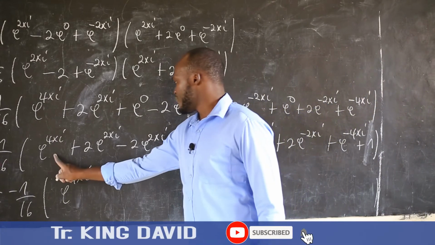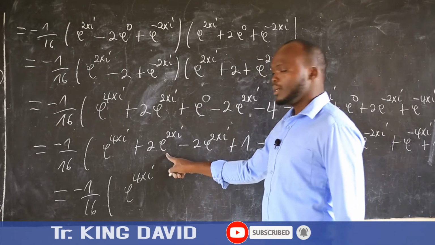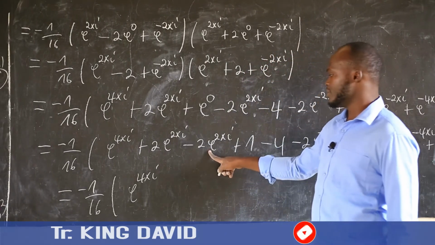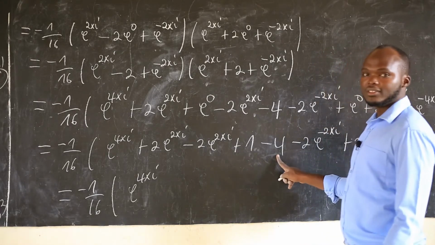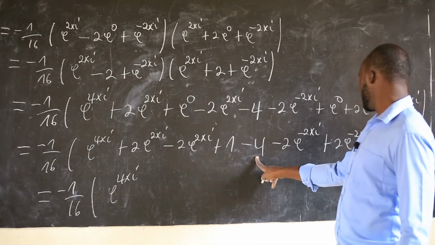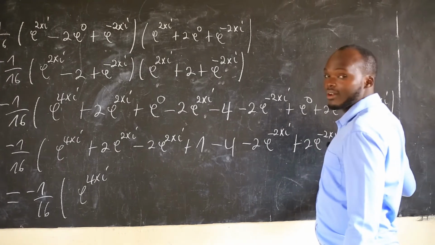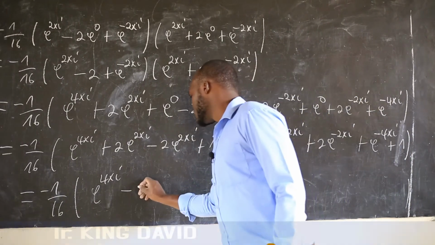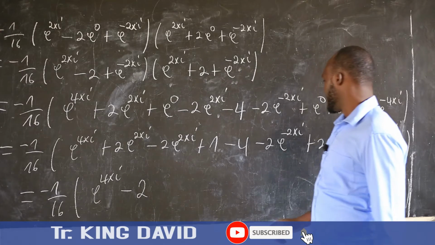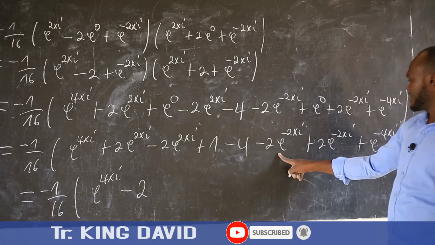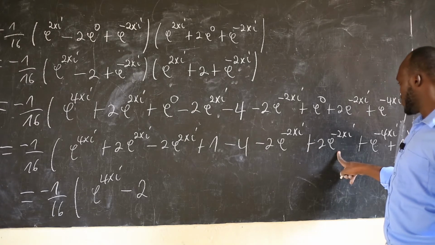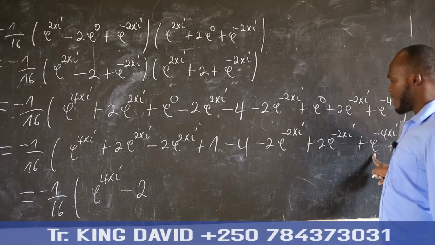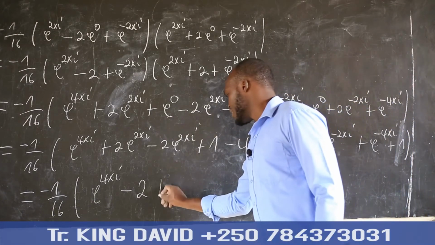So then e power 4xi, 2 e power 2xi minus 2 e power 2xi, that is 0. 1 minus 4, that's negative 3. Negative 3 plus 1, that is negative 2. Then minus 2 e power negative 2xi plus 2 e power negative 2xi, that is 0. We remain with e power negative 4xi.